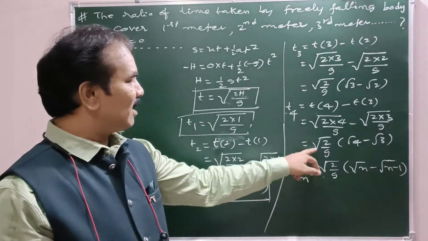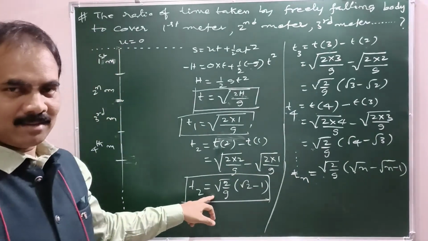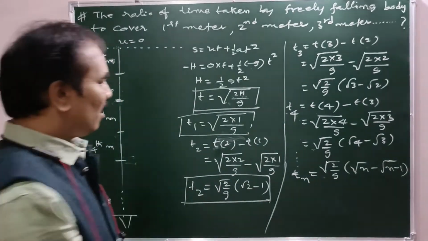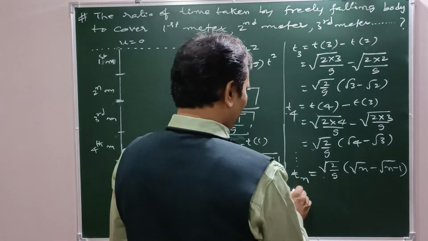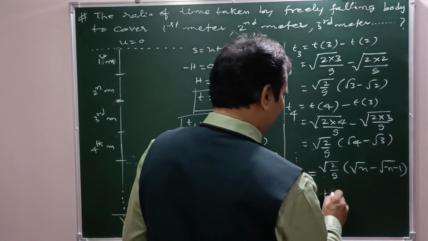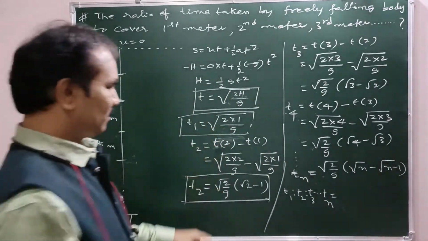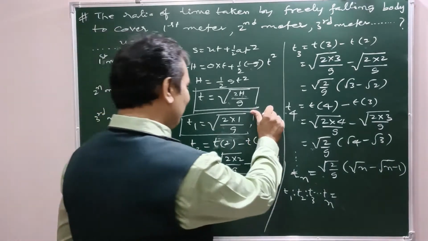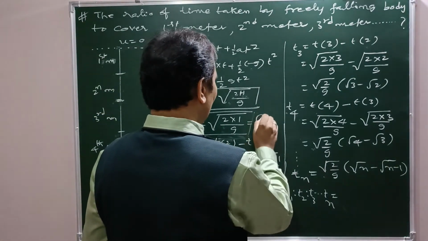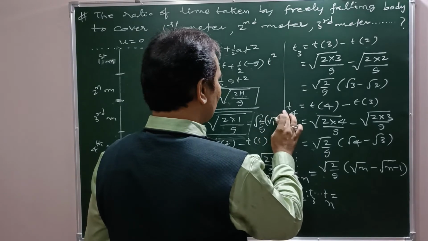Root 2 by g is common in every time, so it cancels in the ratio. Taking t1 is to t2 is to t3 is to up to tn, t1 means root 2 by g into root 1 minus root 0.